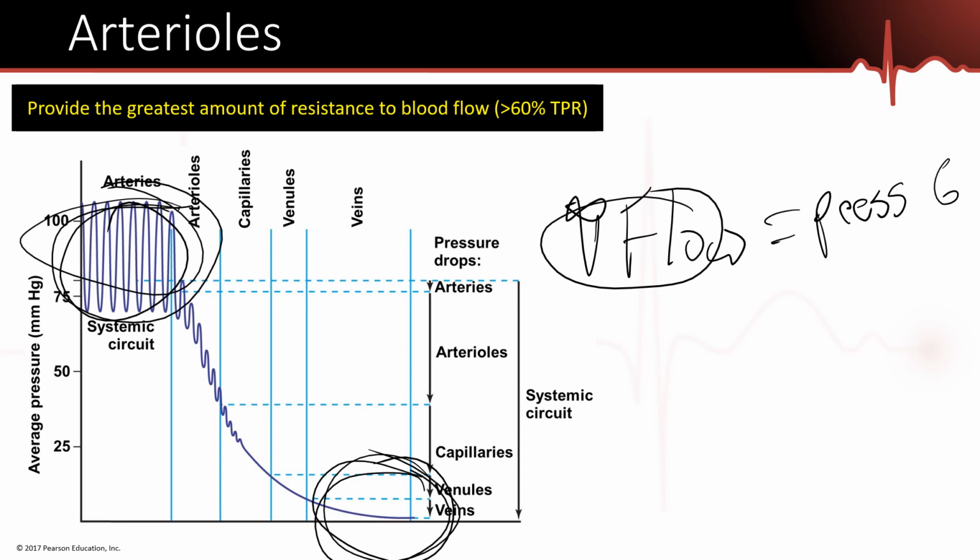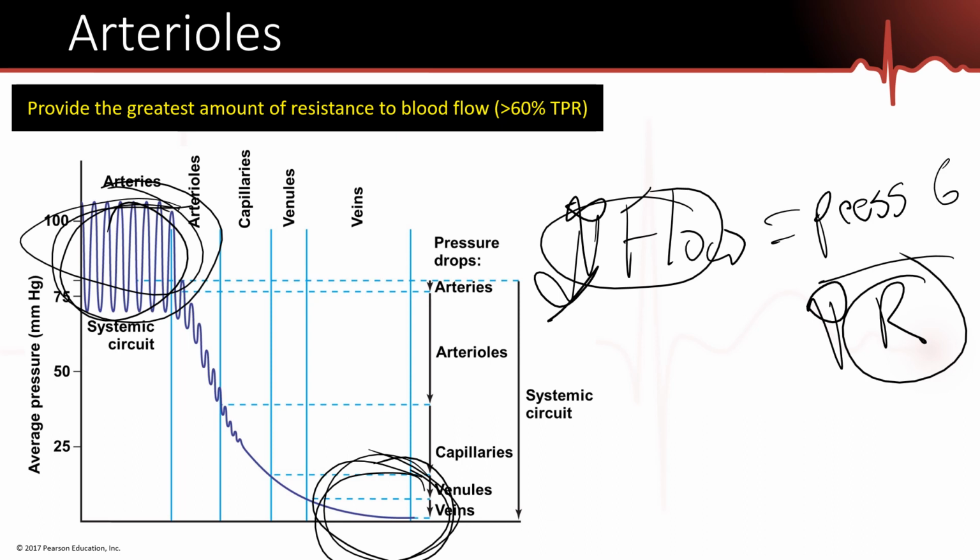And you say, well, the actual pressure gradient exists partly because of the resistance. Flow is inverse to resistance. The more resistance that you have, the less flow there will be throughout a circuit.